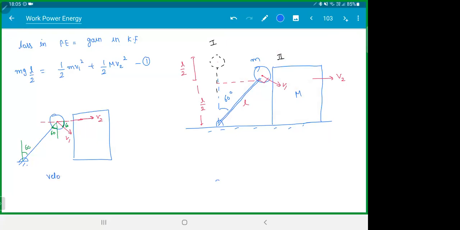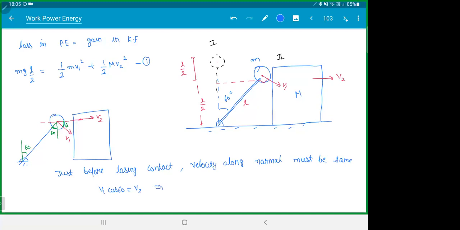So velocity along the common normal must be same just before losing contact. Therefore, V1 cos 60 is equal to V2. So we get V1 by 2 is V2. This is equation 2.